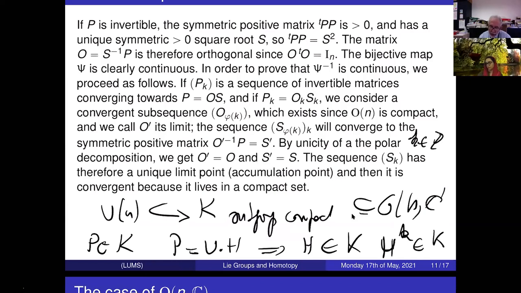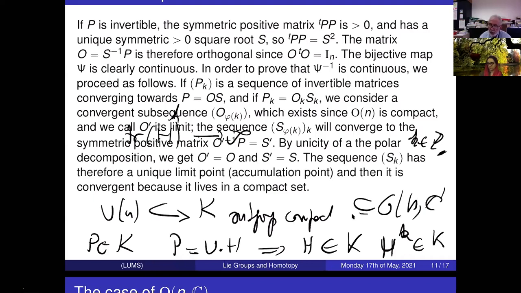But the trace of H to the power k would go to infinity, because one of the eigenvalues would go to infinity. If it is greater than 1, its power will go to infinity, and if it is strictly smaller than 1, you get the same by taking k negative.